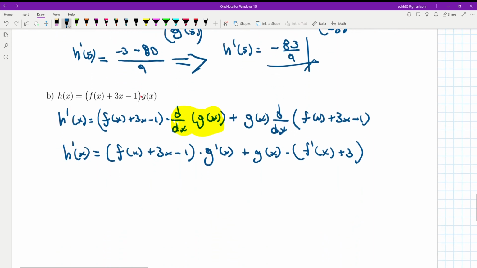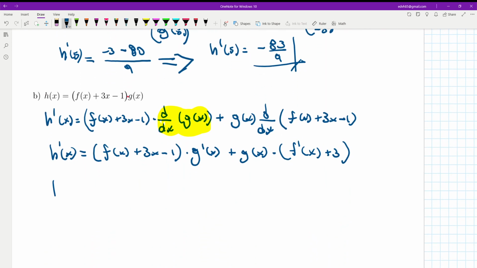So h prime of 5: plug in the number 5 whenever you see the letter x, like here, here, here, here, and here. Let's see what we get.